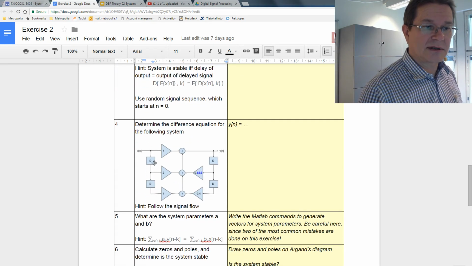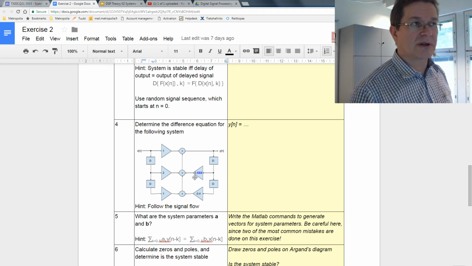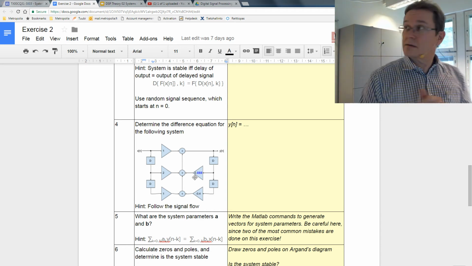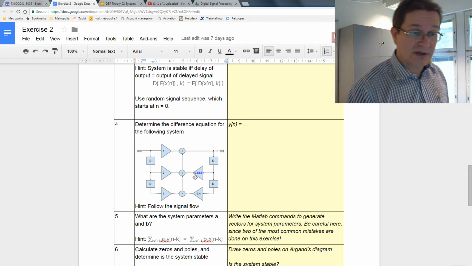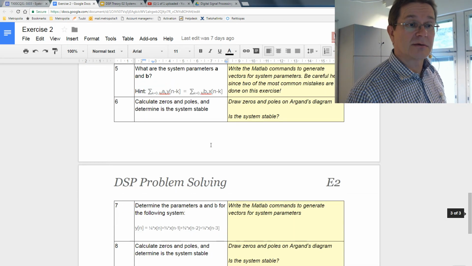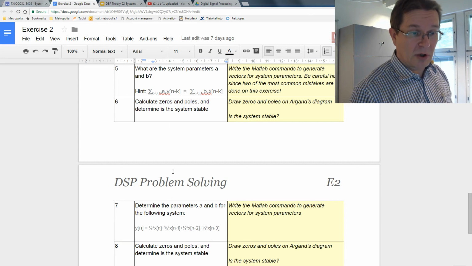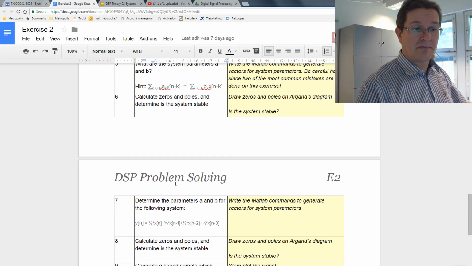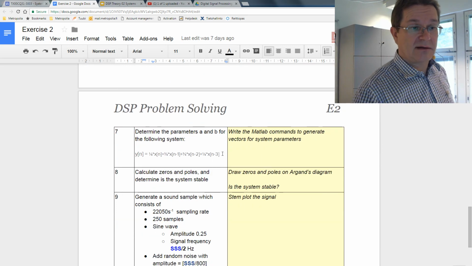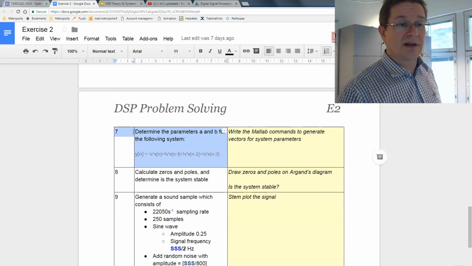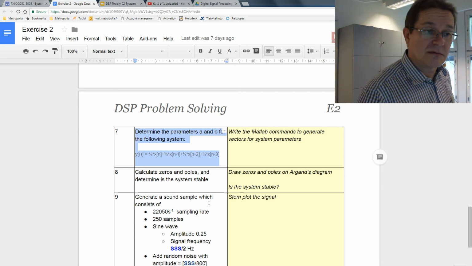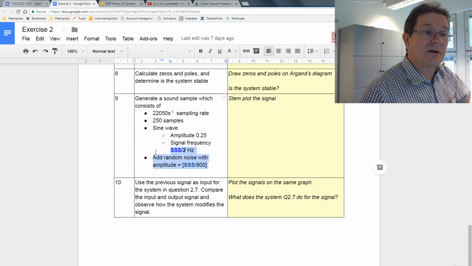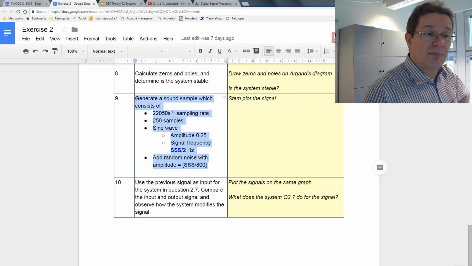Then take this plot and turn it into the difference equation to find out the system parameters, calculate zeros and poles, and check if the system is stable. Then take this system, calculate A and B, and zeros and poles. Then again generate a sound sample.